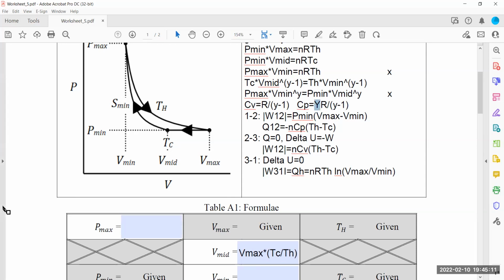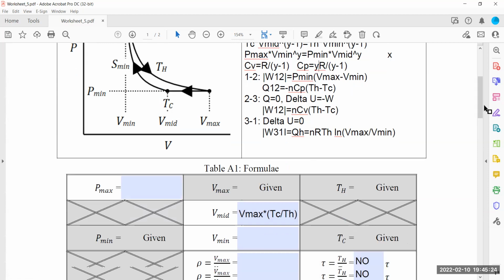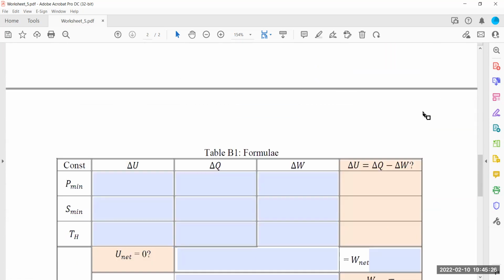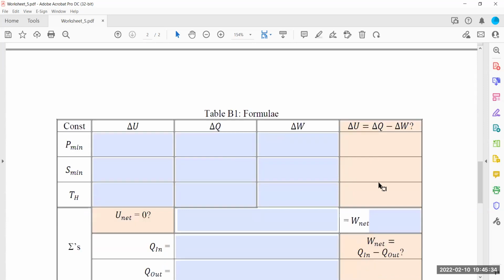Those two equations are also needed for this process. So you need CP and CV. You can fill out the gap in here, and you check that delta U is equal to Q minus W, and it should be. Of course, this is not a fillable, so you should be able to check it.